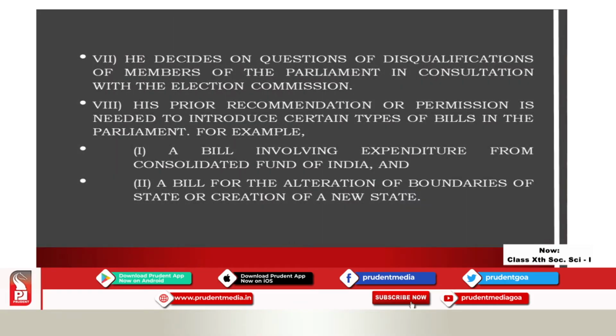The next is a bill for the alteration of boundaries of a state or creation of a new state. If the House wants to divide a state into two states, or create one more state, in that regard they need to take the permission of the President.